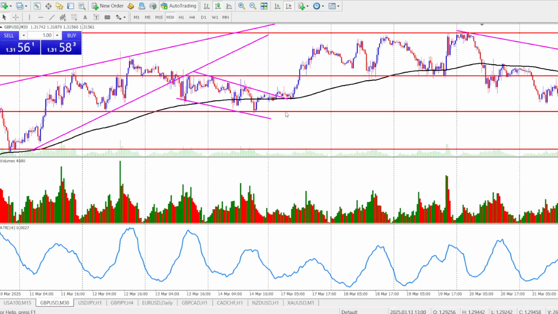So you would have exited your sell at this support, and then you just wait for another opportunity, because this would have even been quite a risky sell, because the 200 EMA did not confirm it, but the volume and the ATR we are okay with the sell. So it would have just been a quick scalping on the 30 minutes time frame.